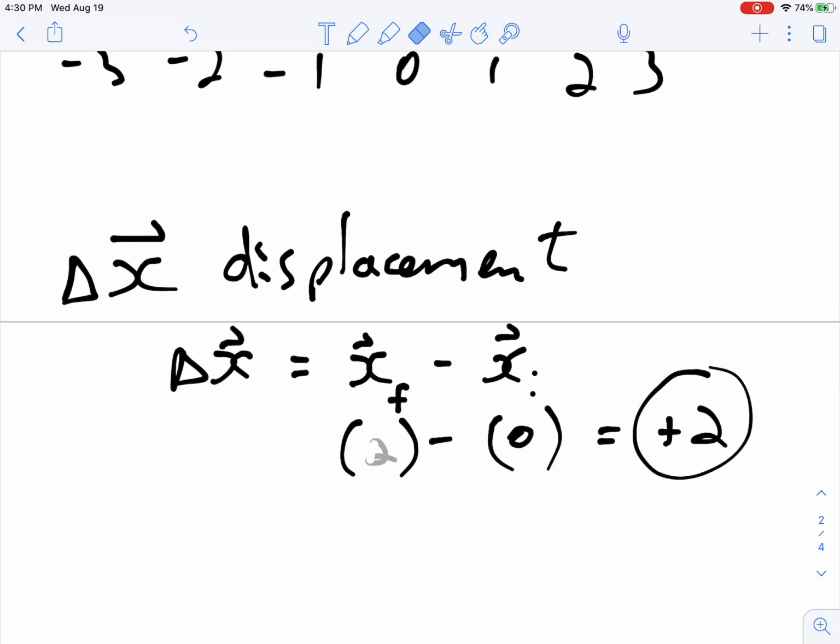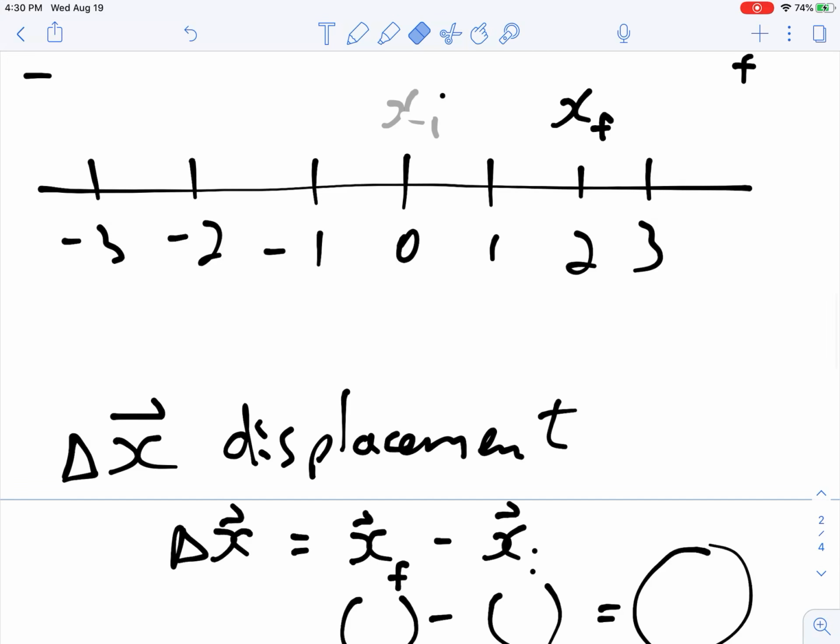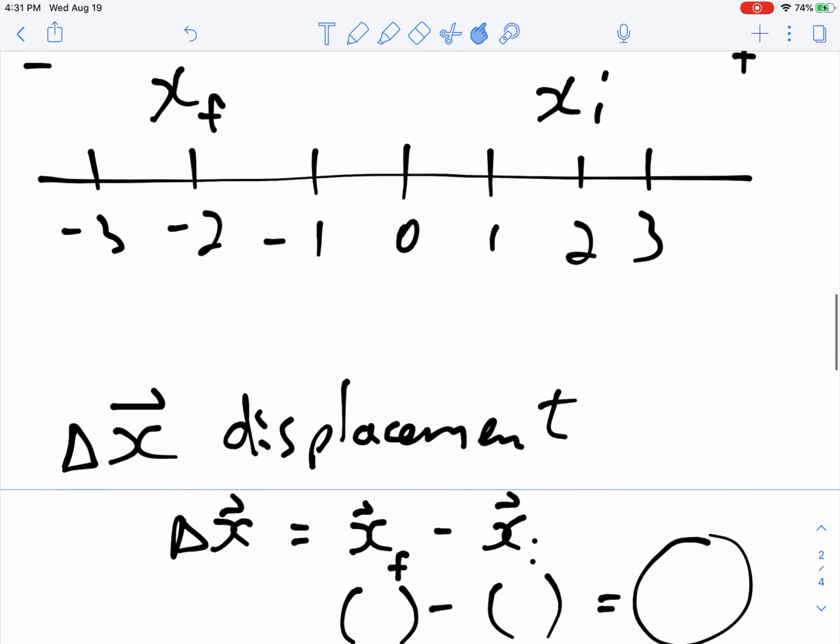All right, let's do another example. Let's say this time I start right here with an initial position of 2, and let's say I finish with a final position of negative 2. Okay?